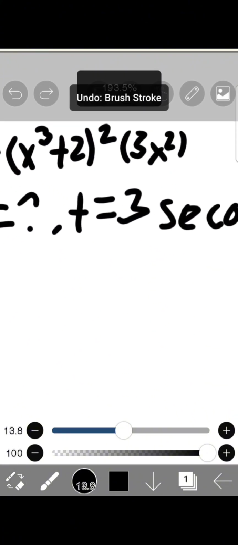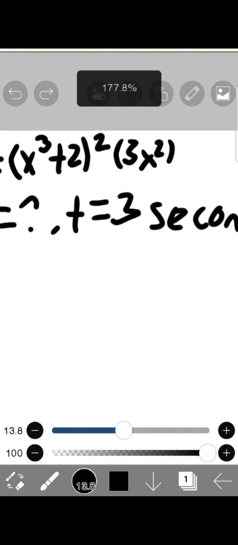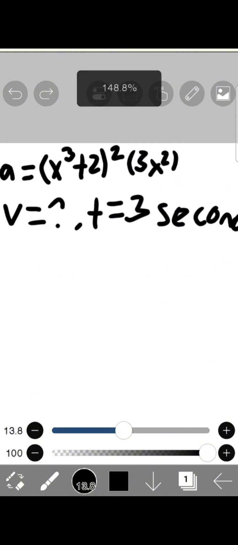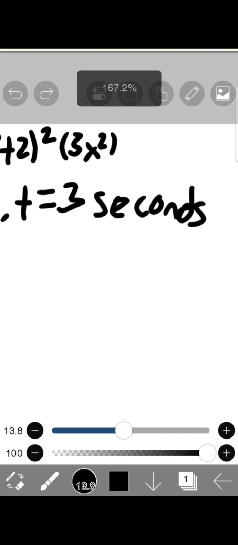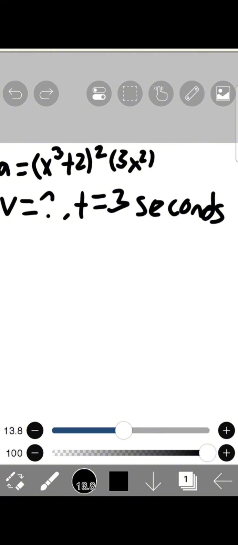Then we need to get the exact measure of velocity after 3 seconds. So basically an object is moving according to this acceleration function, and we need to find the velocity after 3 seconds. That is our objective.